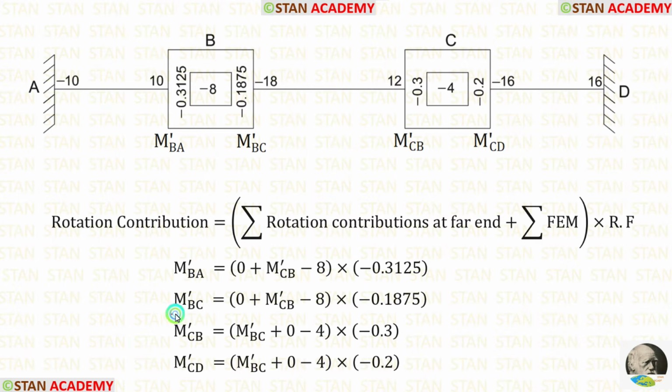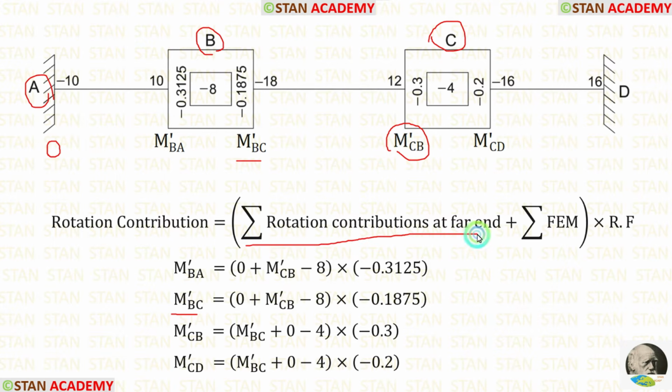Now let's see how to calculate M'BC. M'BC is located in the joint B. For the joint B, the far ends are A and C. In the point A, the rotation contribution is 0. In the point C, the rotation contribution is M'CB. So, for the summation of rotation contributions at far end, we are having 0 plus M'CB.